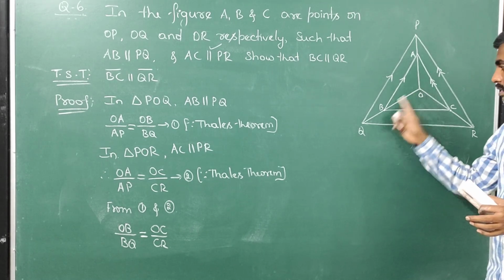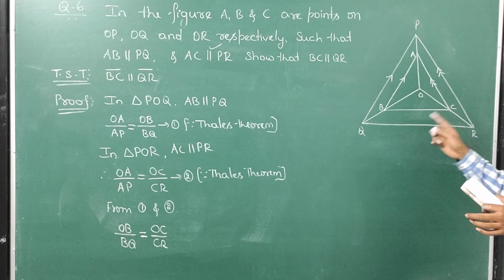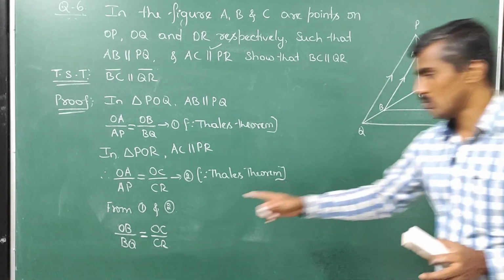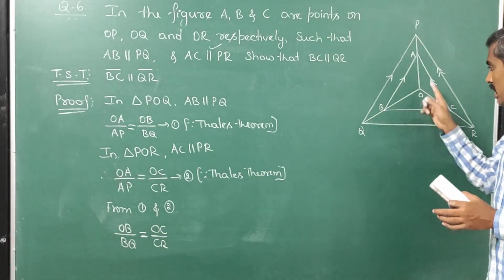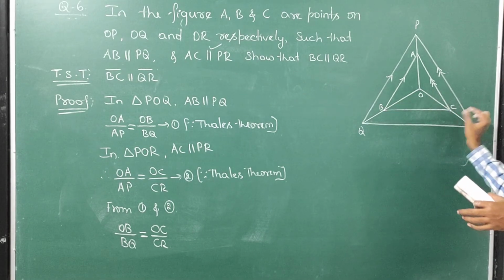If a line divides any two sides of a triangle in the same ratio, then that line is parallel to the third side. So we have proved the BC line divides OQ and OR in the same ratio.